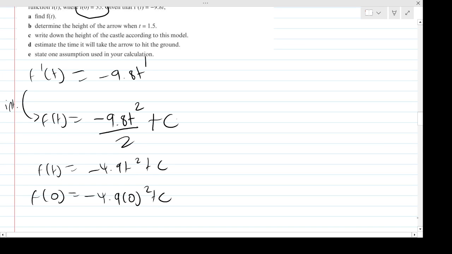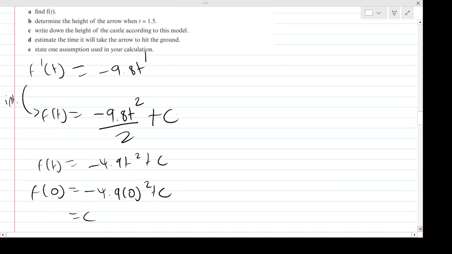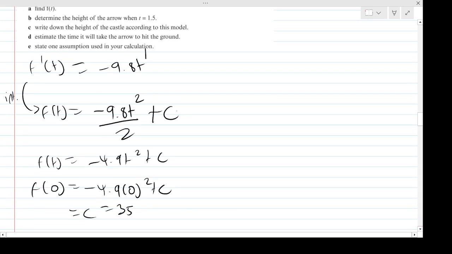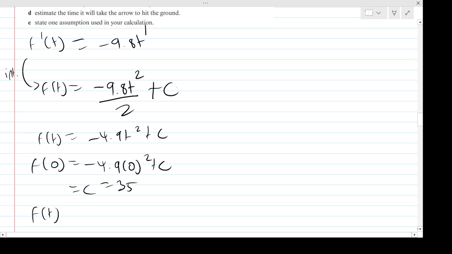Well, that just goes to c, right? Because this whole thing goes to 0. And then I'm told that f of 0 is 35. So that means c has to equal 35 here. Cool. So therefore, the function of t in final form is minus 4.9 t squared add 35. There we are. We found f of t.